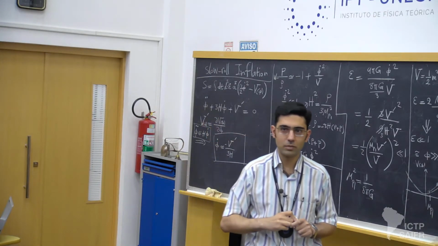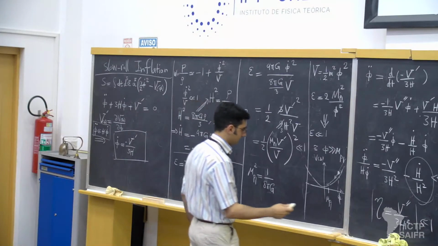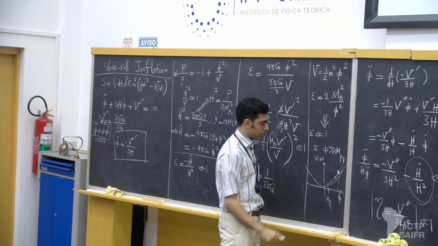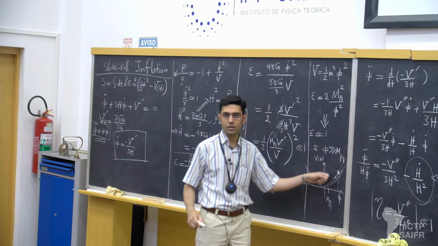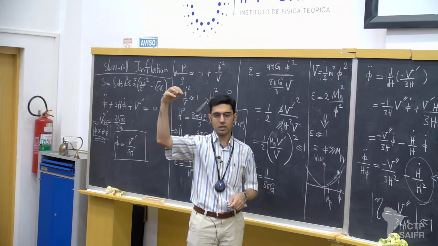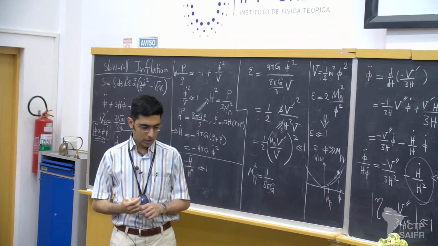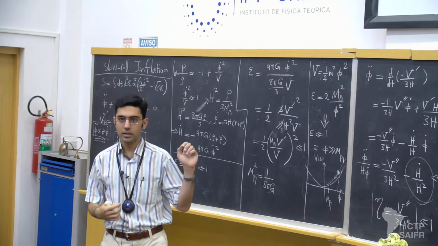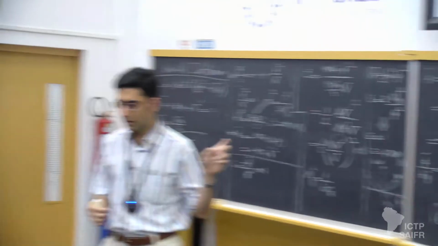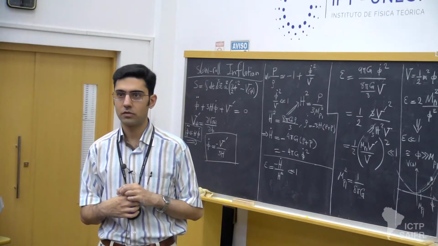Eternal inflation means that in this scenario you have this slow roll behavior that makes the inflation eventually end, right? Now, as we are going to discuss later, either later today or tomorrow, there will be quantum fluctuations of the field.